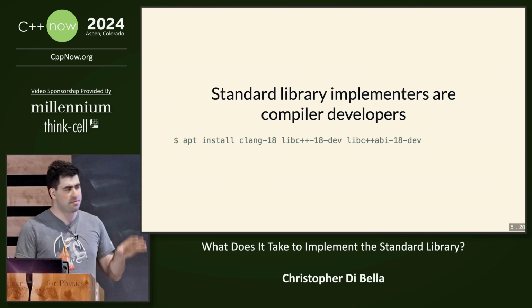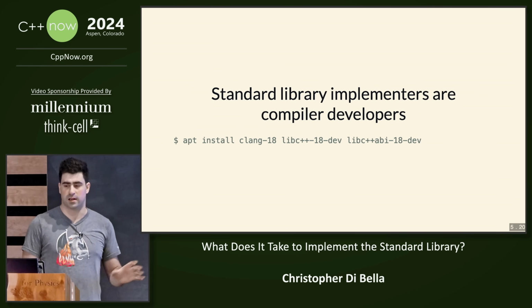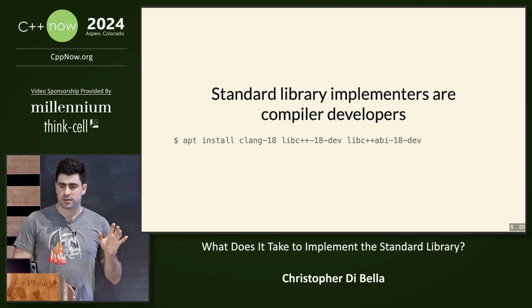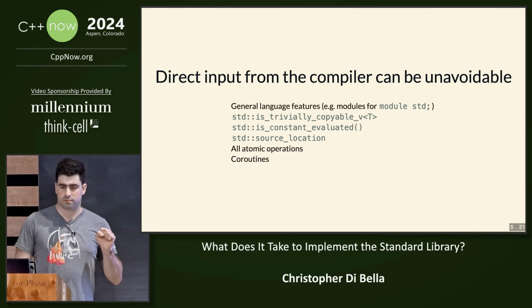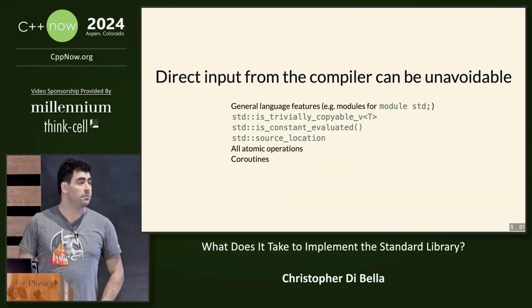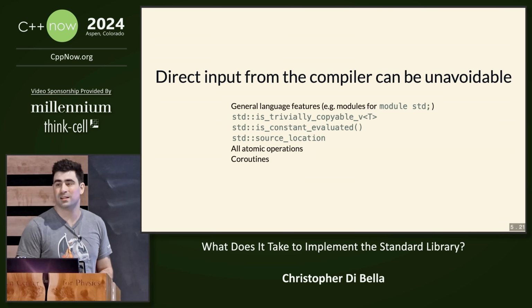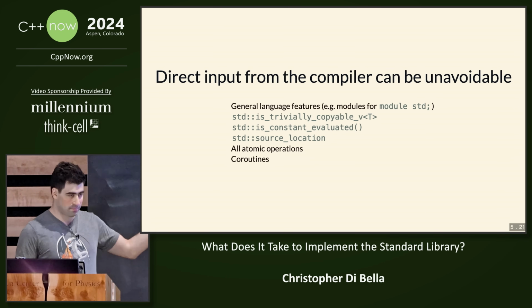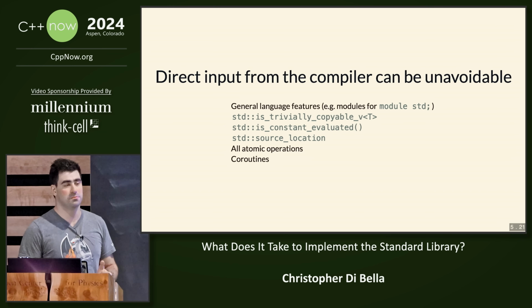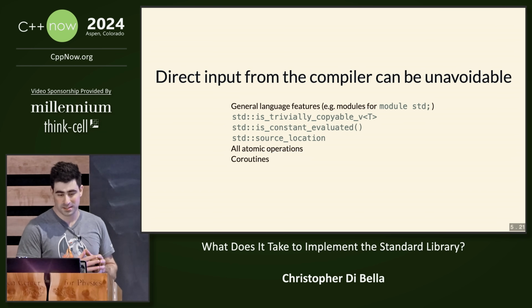So I mentioned that the compiler has a bit of a heavy hand in some aspects of the standard library. Sometimes implementing things in the compiler is unavoidable. For example, general language features, if they're not made available, you can't use them. It'd be very difficult to use modules if modules didn't exist.